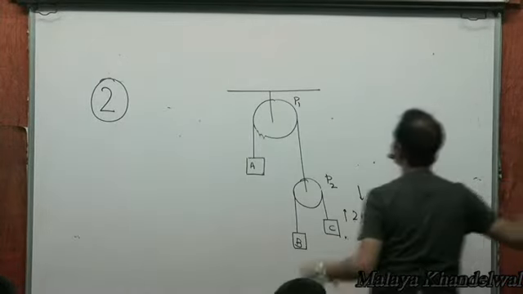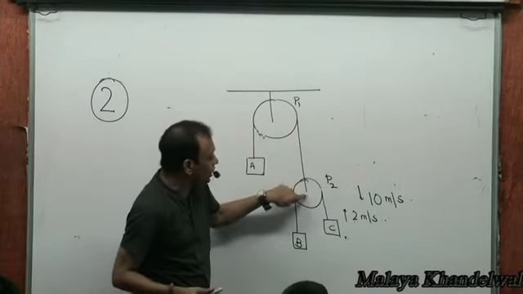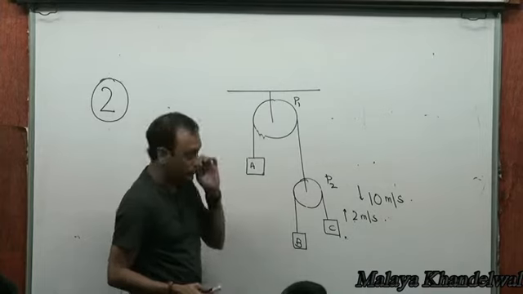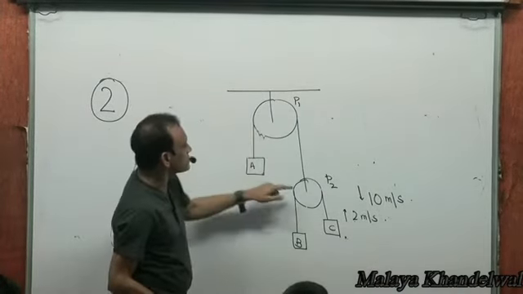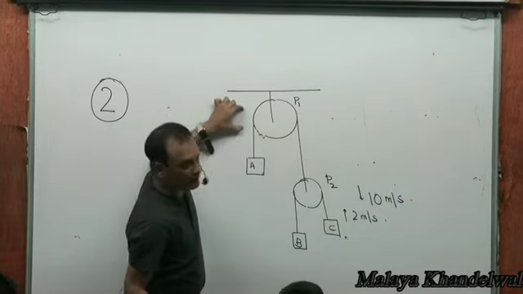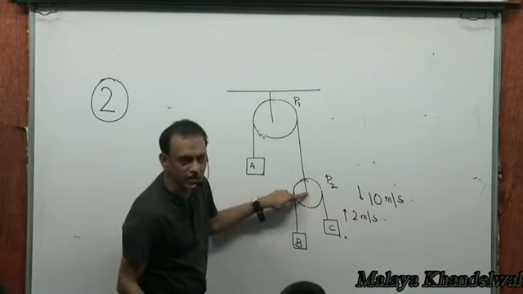Relatively simpler problem. This pulley moves down with a velocity 10 meters per second. This pulley is integral with this mass, right? That means the amount by which this mass moves up is the amount by which this pulley P2 goes down, because it's connected to this end of the string.